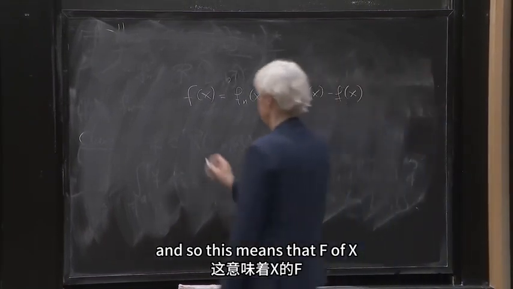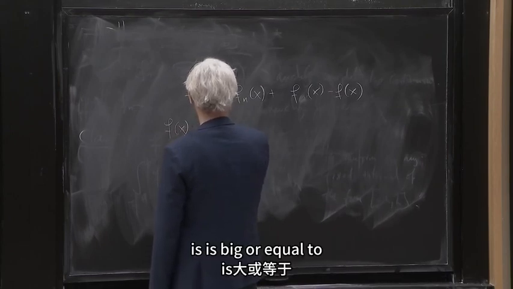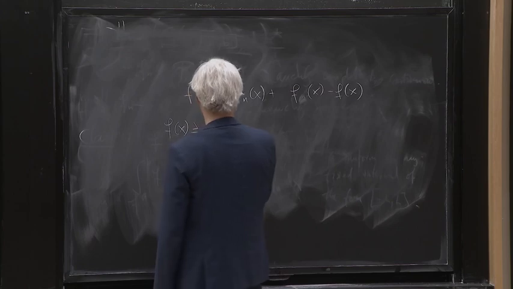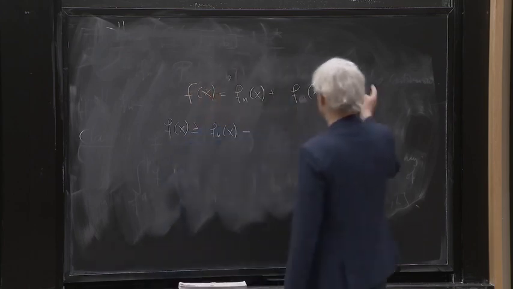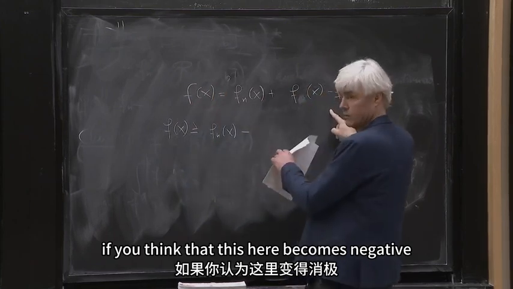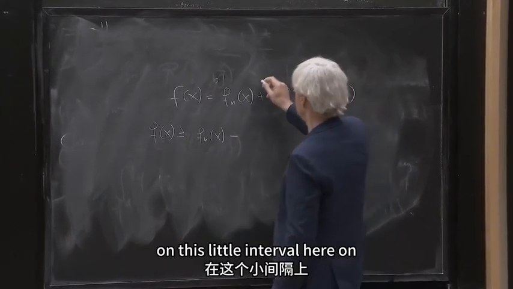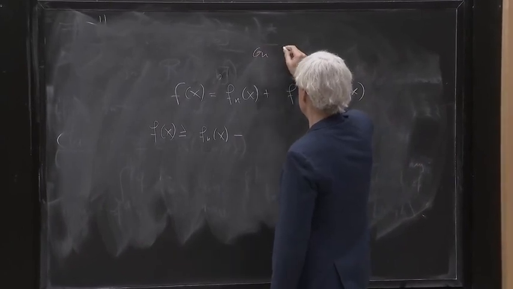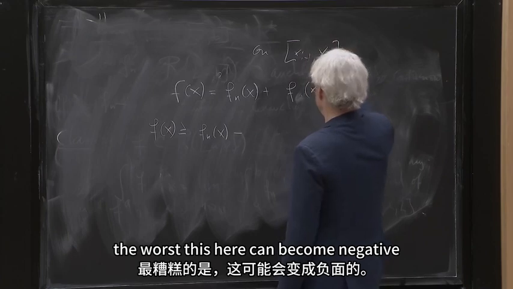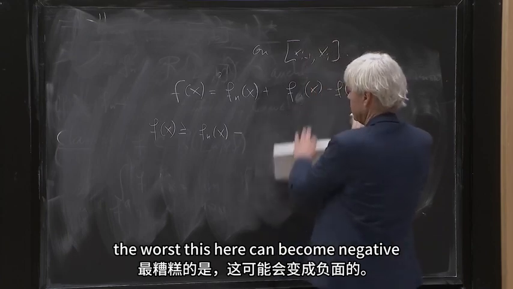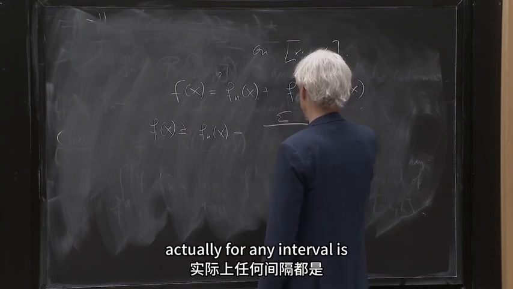And so this means that f of x is bigger or equal to fn of x minus the worst that this can become negative, which is epsilon over 3(b - a) for any interval.